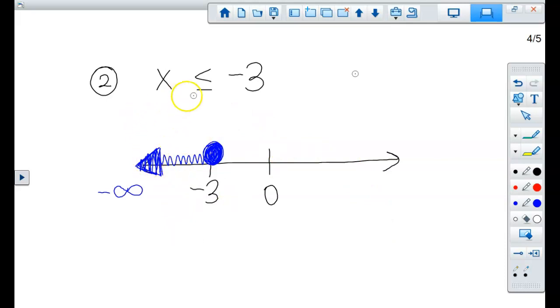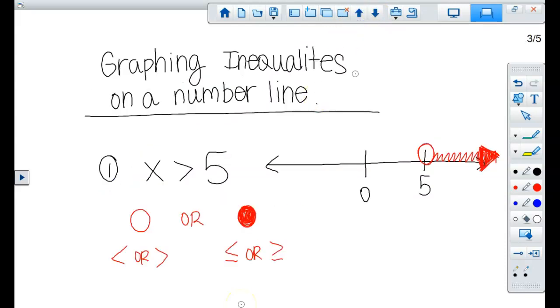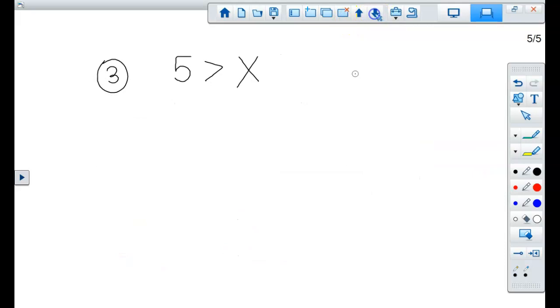That x is less than or equal to a negative 3. And then this one said that x is greater than 5. So I want to point out that with this one, it doesn't talk about x, it starts out talking about 5. It says that 5 is greater than x.